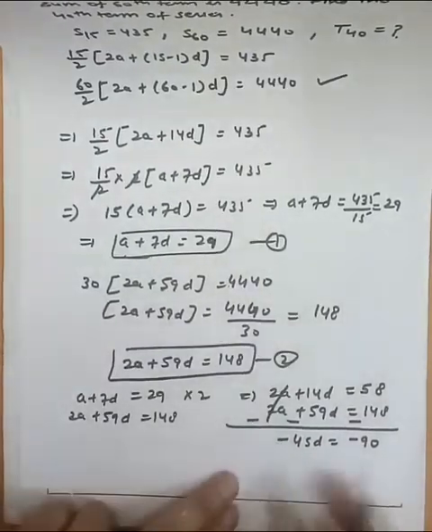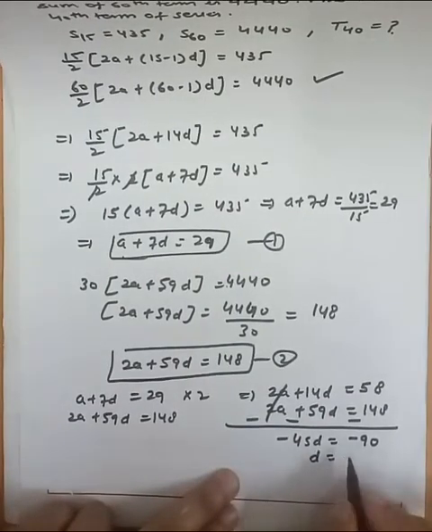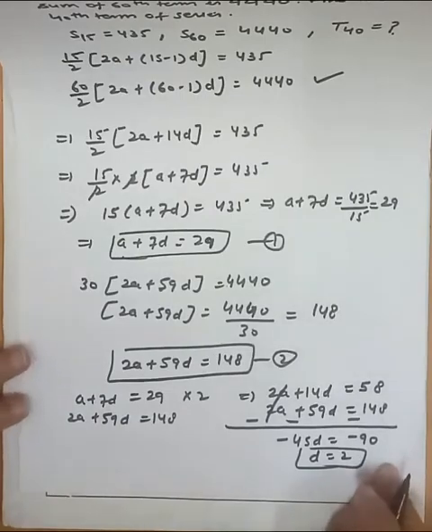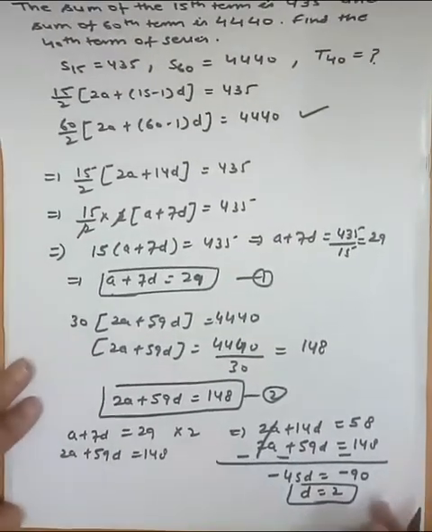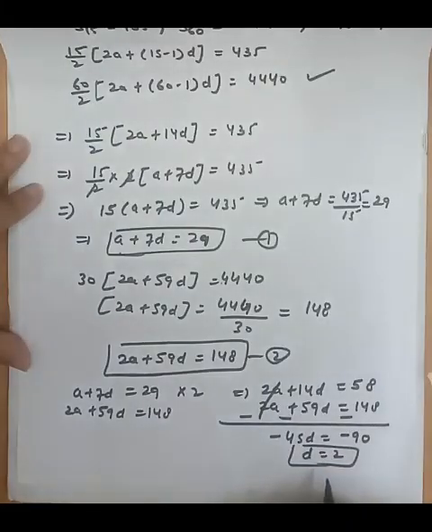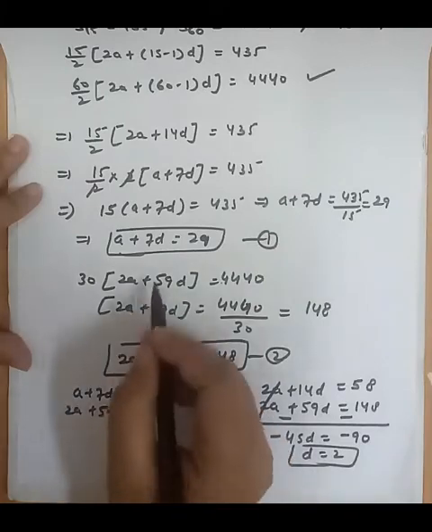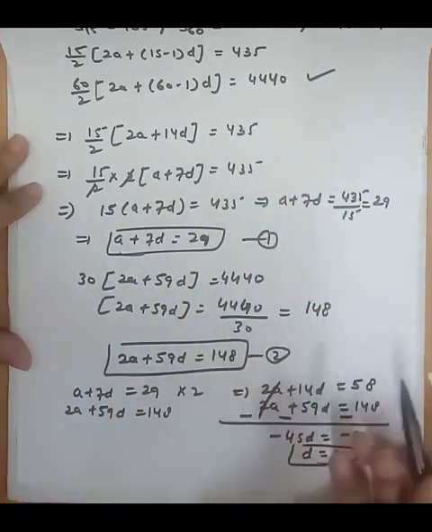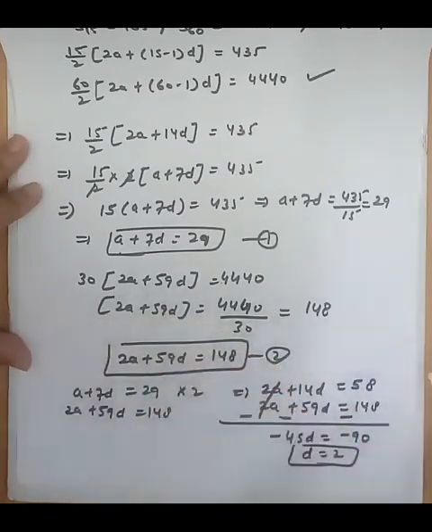Minus 90, so we get d equal to 2. So we get d equal to 2. Now put the value of d in any equation, first one or second one. If you want, any one equation, then find the value of a.